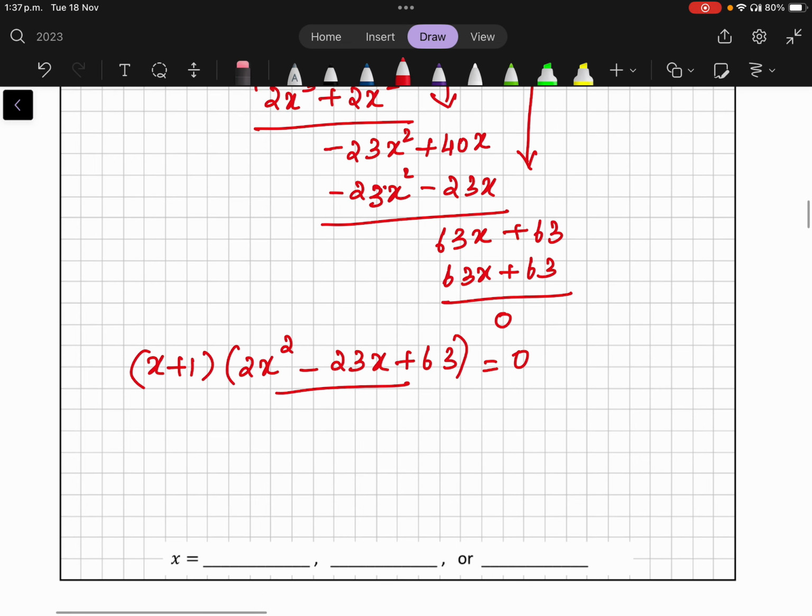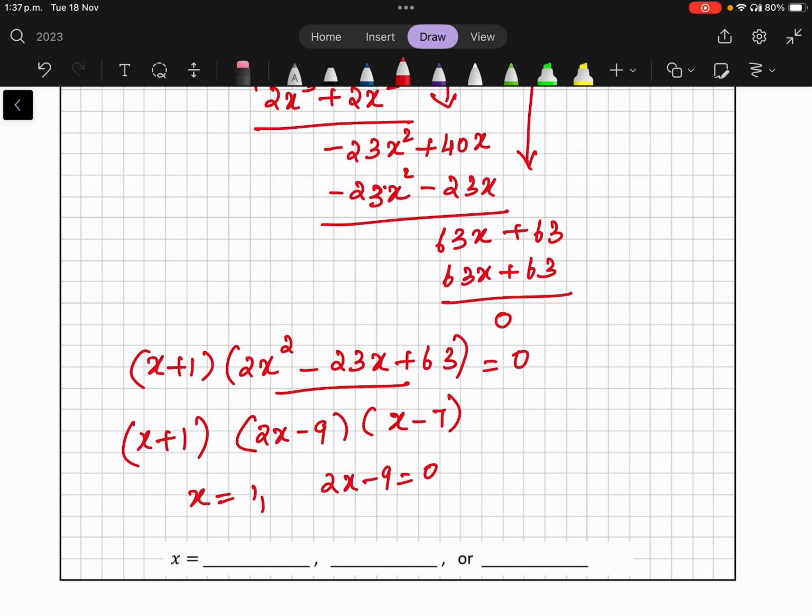Now factorizing this, you will get 2x minus 9 and x minus 7, and the factor x plus 1 remains, so x is equal to minus 1. 2x minus 9 is equal to 0, so 2x is equal to 9, which implies x is equal to 9 over 2, and the third one is x is equal to 7. So the answer will be minus 1, 9 over 2 and 7.